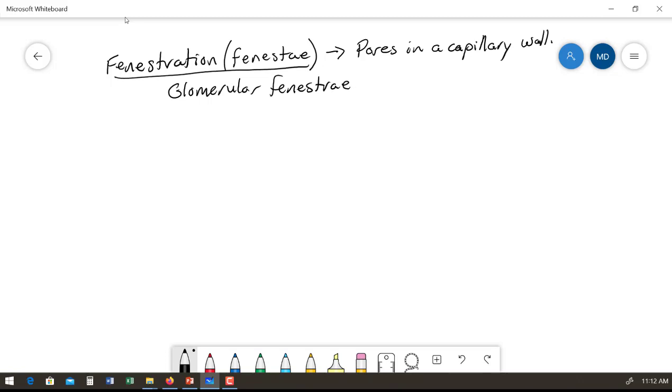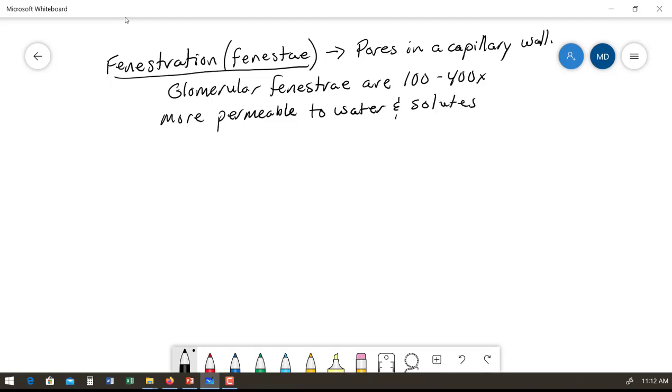So glomerular fenestrae, the individual holes in the glomerulus, are 100 to 400 times more permeable to water and solutes than normal capillary beds.